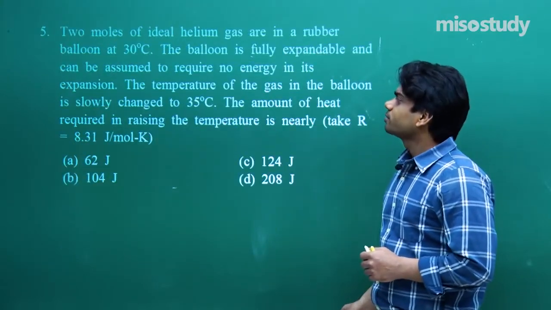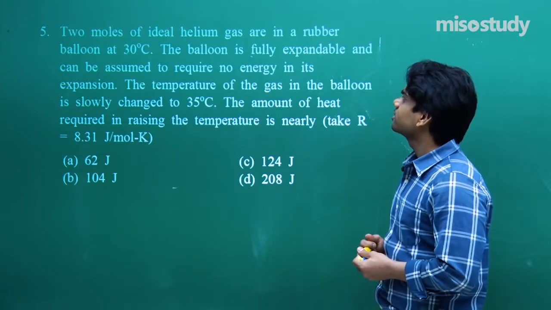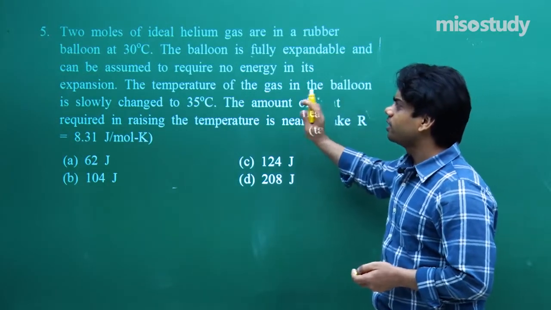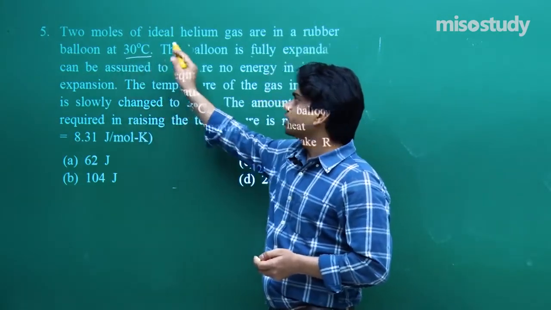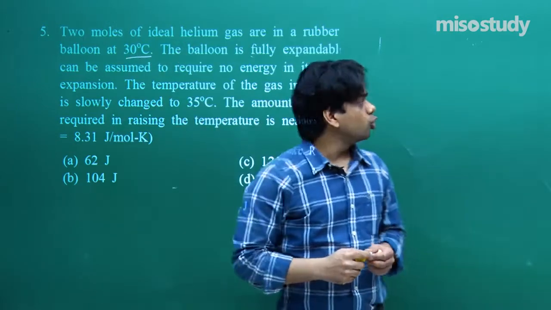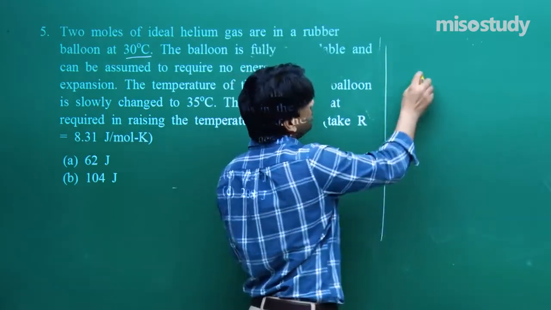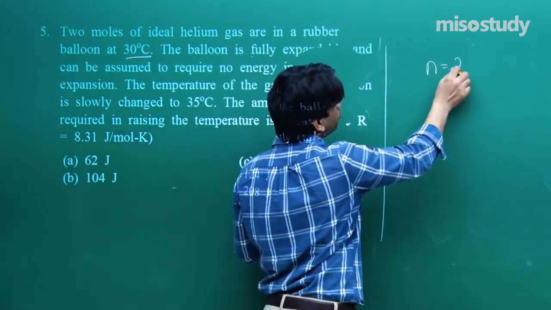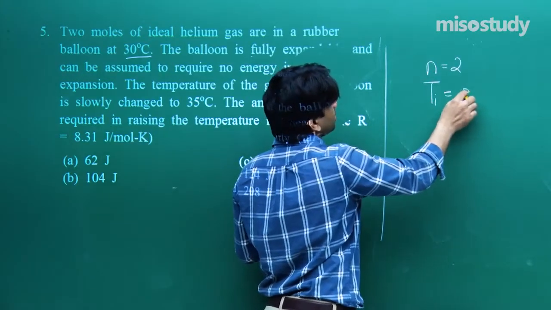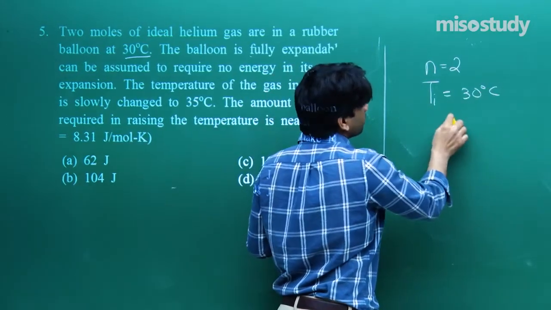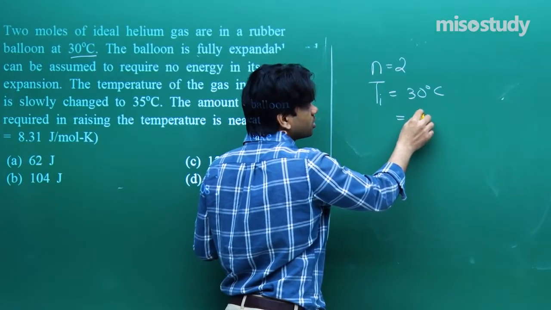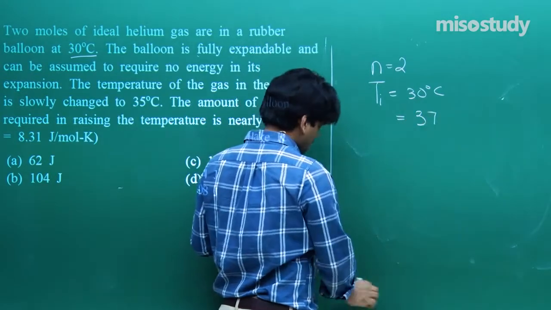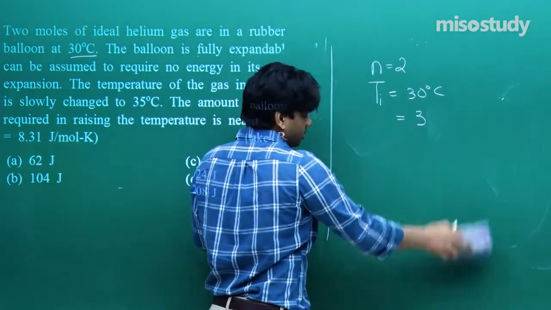Question number 5. 2 moles of ideal helium gas are in a rubber balloon at 30 degrees Celsius. So initial temperature given is 30 degrees Celsius and 2 moles of ideal helium gas. So number of moles is 2 and initial temperature is given as 30 degrees Celsius, that is equal to 273 plus 30, that will be 303 Kelvin.